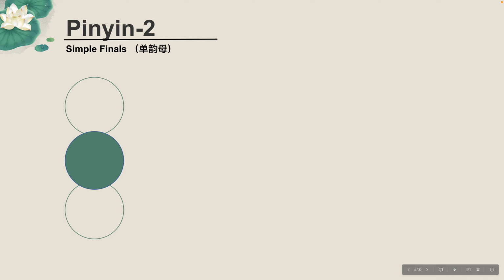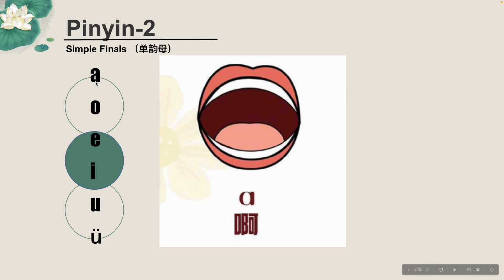There are 24 finals: simple finals, compound finals, front nasal finals, and back nasal finals. The 6 simple finals are a, o, e, i, u, ü. When you're making the a sound, you need to open your mouth as big as you can.